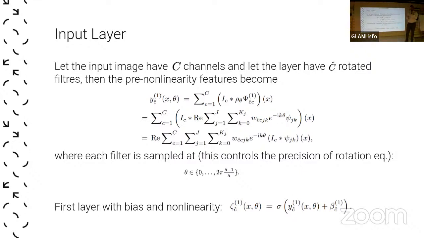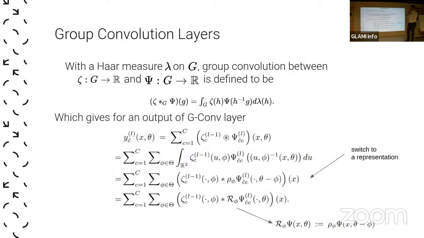So you get the atomic filters, and then you create n, which you choose yourself. It's the same as the number of convolutional filters of these steerable filters, and that's what you train. So that's a really simple input layer, and then the next layers are a little bit more involved. Again, this is the mathematics. You can go through it if somebody has some questions about it.